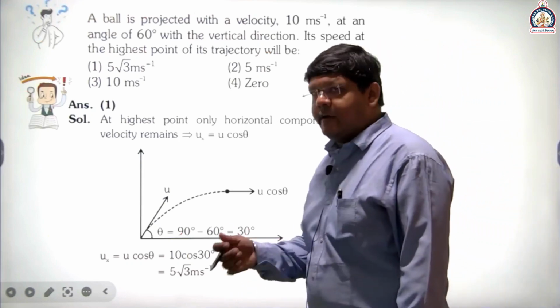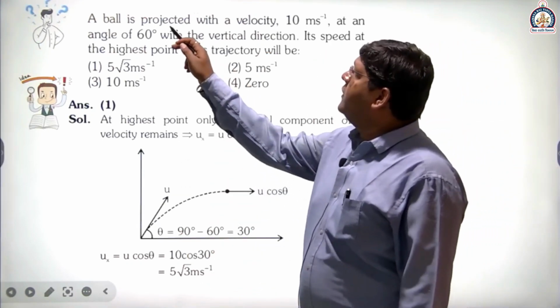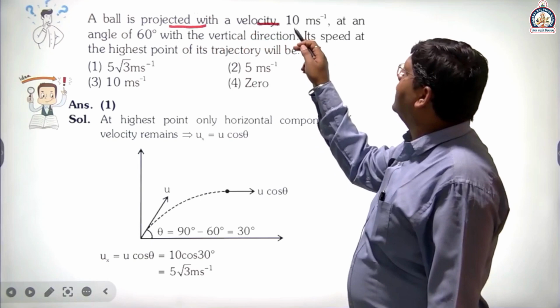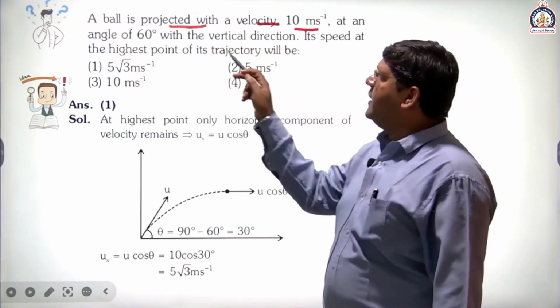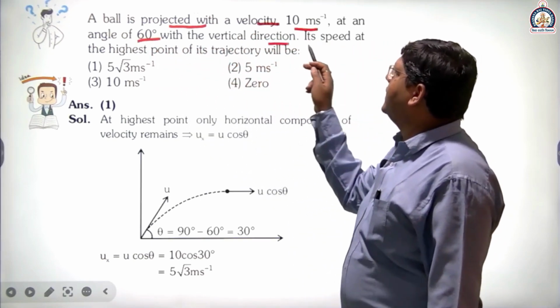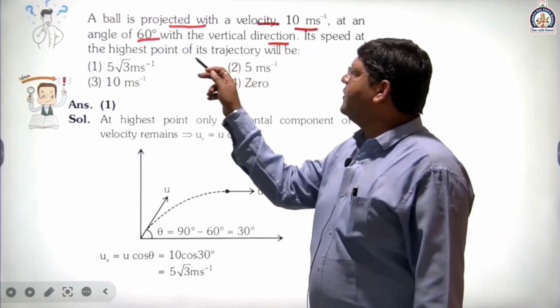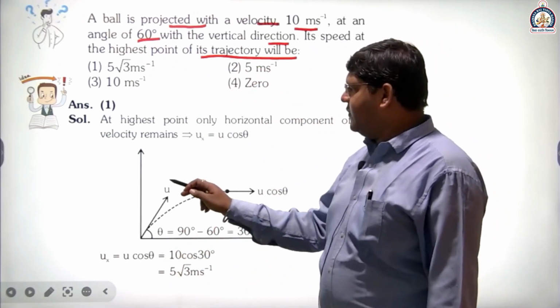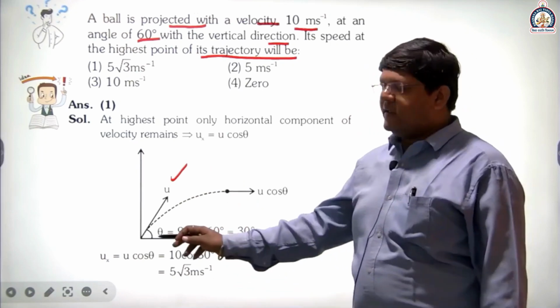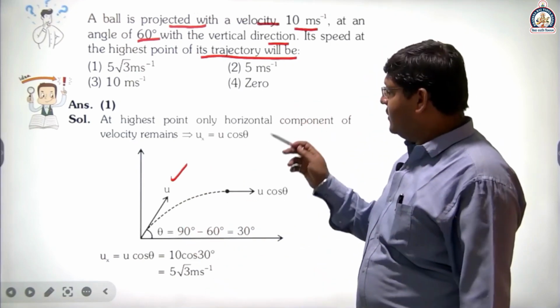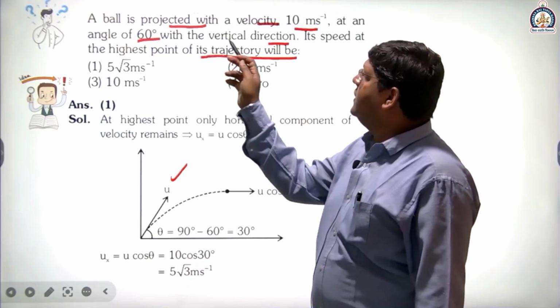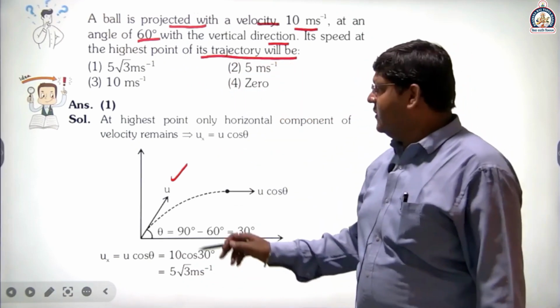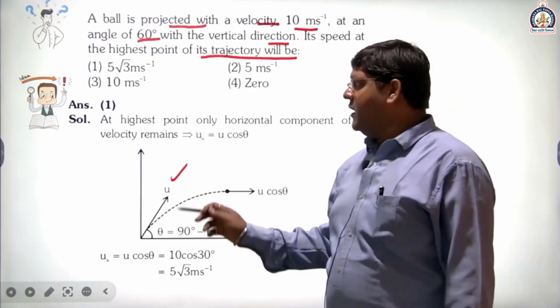The next question is related to projectile motion. A ball is projected with a velocity of 10 meter per second at an angle of 60 degree with the vertical direction. Its speed at the highest point of its trajectory will be? You can see a ball is projected with initial velocity u, and this is our angle of projection. The question says it is projected at 60 degree with the vertical direction.